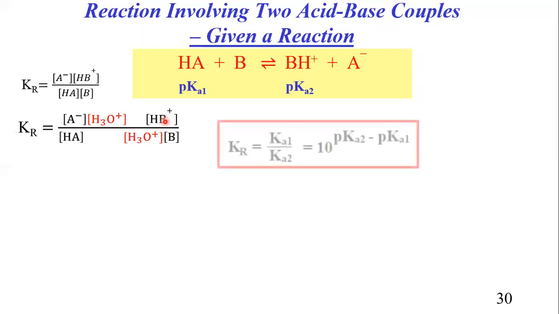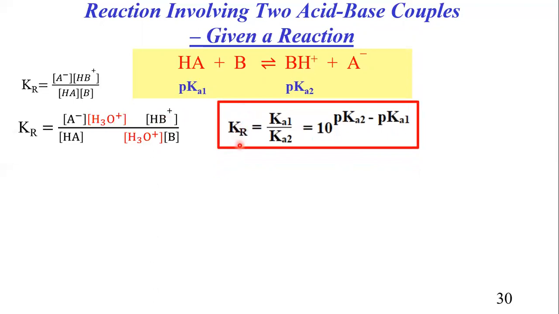Great, so that Kr is simply the Ka of HA, which is Ka1, they called it that, divided by the Ka of the BH+, which is Ka2. Done, great. So I have the Kas for both acids, and I can easily then calculate the Kr.